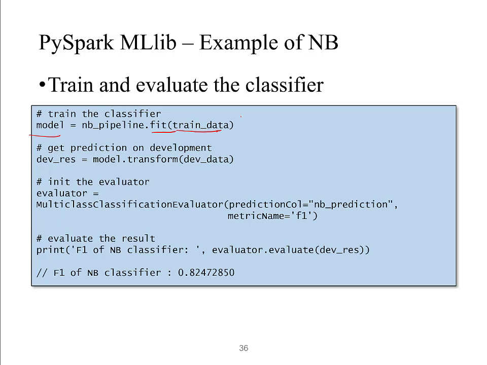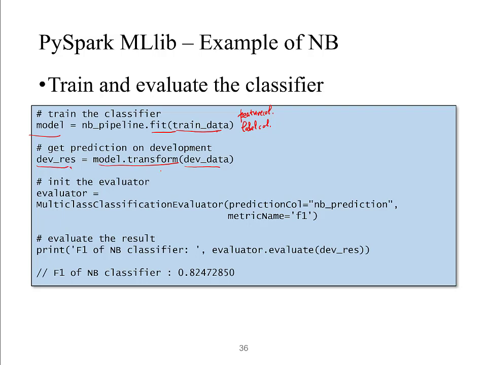And remember, in this step the feature column and the label column both contribute to the training stage. Then we can transform. We use the development data to do the transform. Then we get the result here.